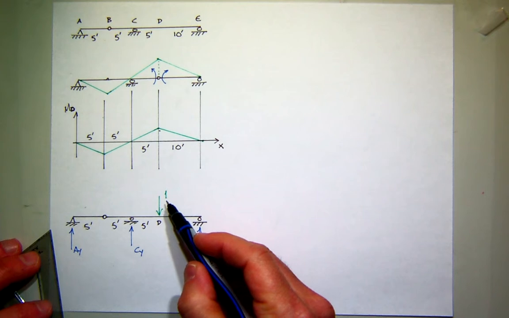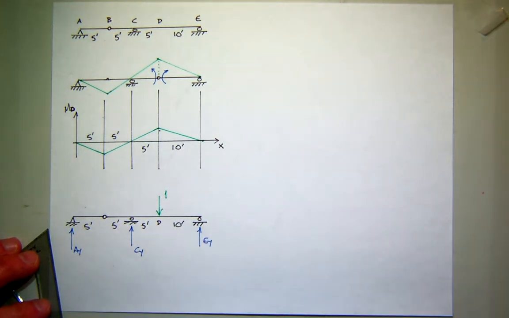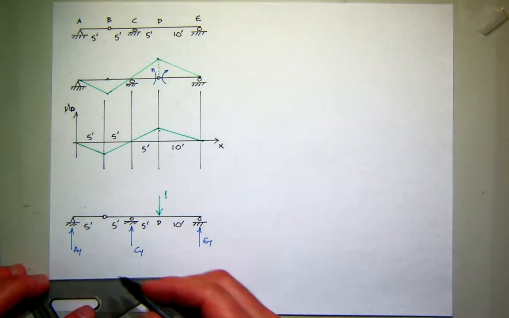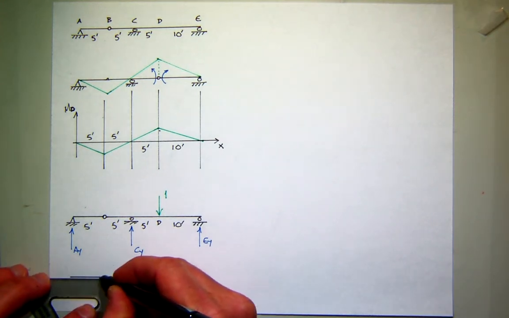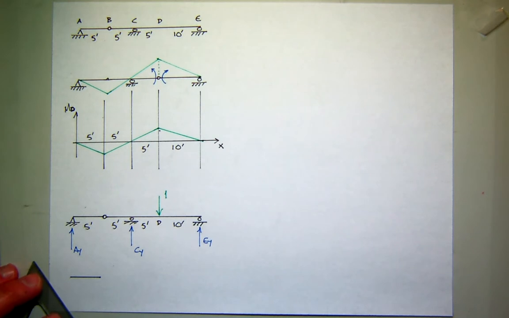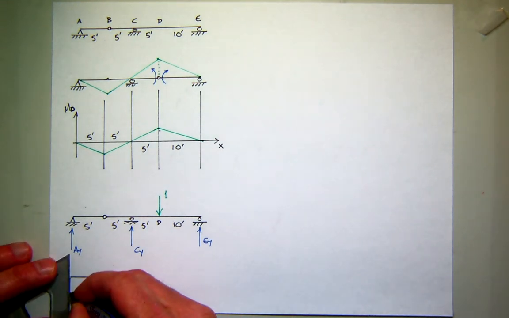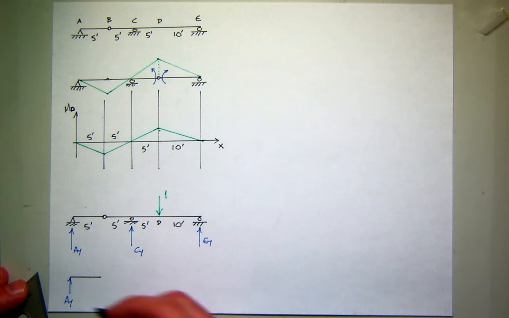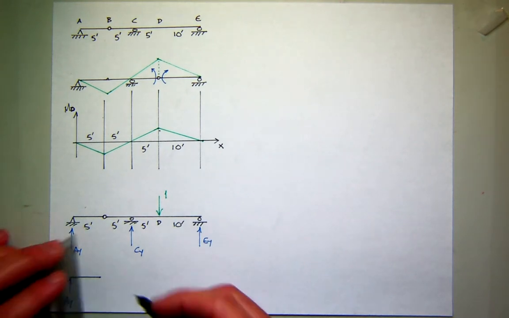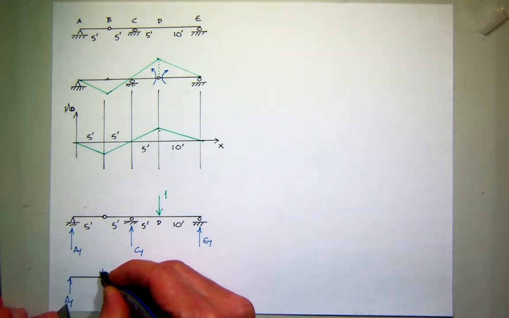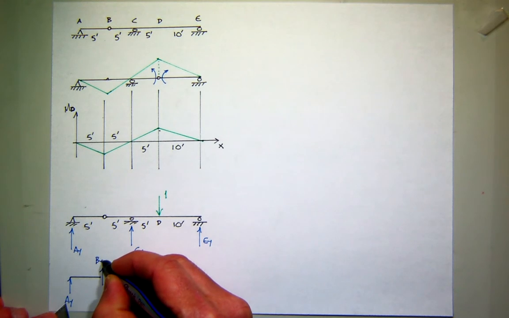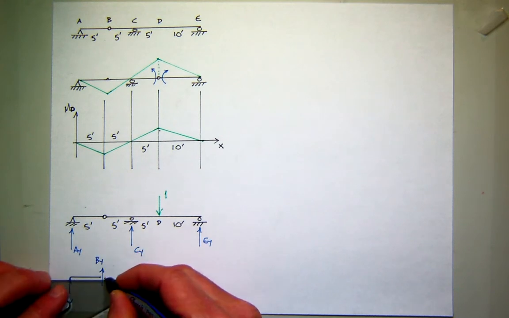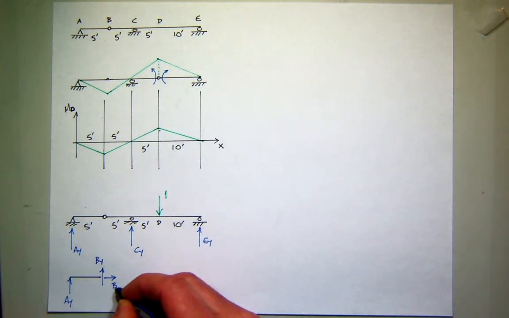Now when my unit load is here, what's my reaction at AY? Anybody know? Well, let's break it apart into two structures, two free bodies. I'm going to separate it at the hinge. Why is that a good place? Because there's no moment. So on this side, I'll assume that there is a reaction BY and BX.